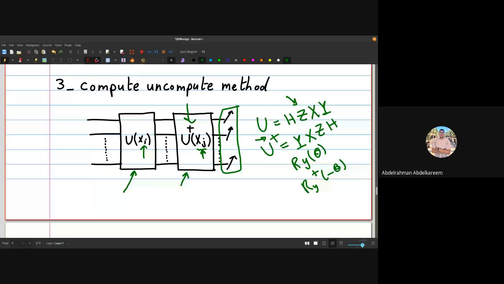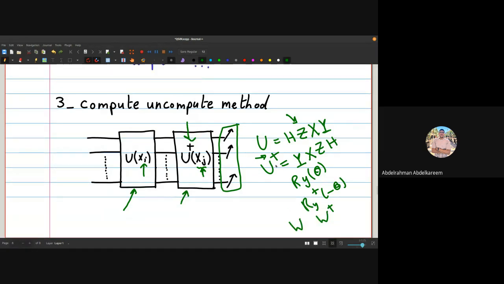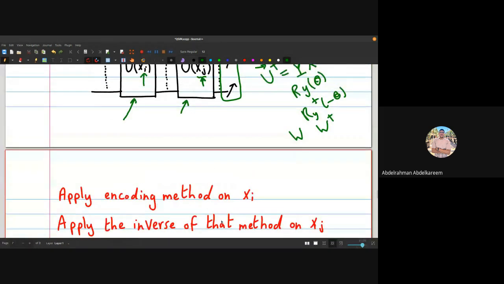If I want the dagger, I need to calculate the inverse of it first. So this is how you get the dagger part. You first reverse the order, then do the inverse for each one of them. Okay, is it clear? Maybe in our example, it will be clearer.